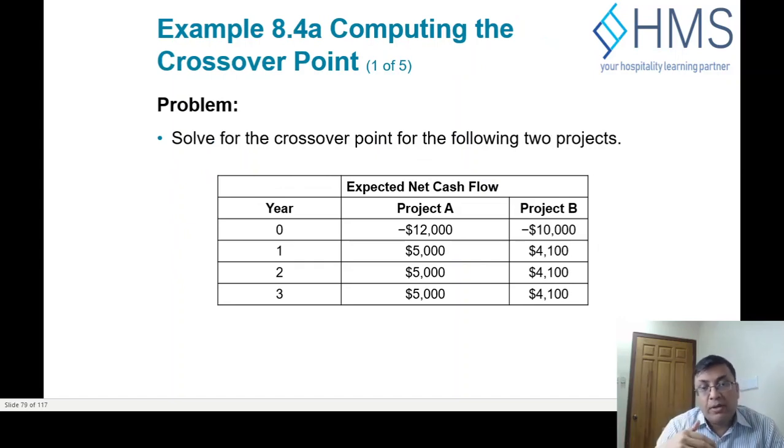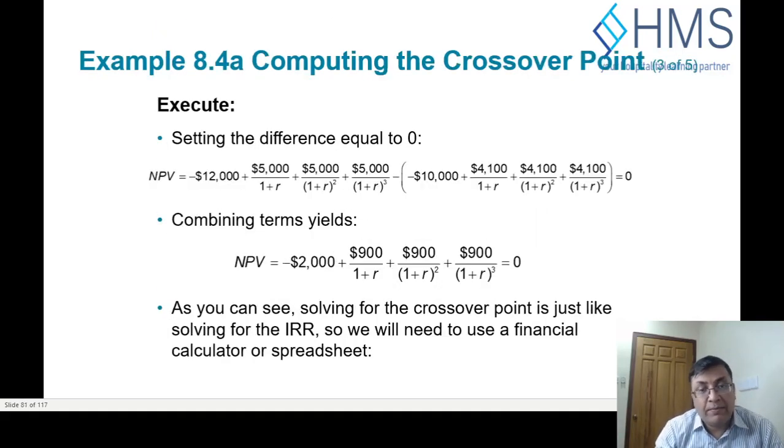Another example to explain the crossover point: project A and project B have slightly different initial investments and different cash flows. If you calculate the same way as we did earlier, the difference between the NPVs of the two projects should be 0.